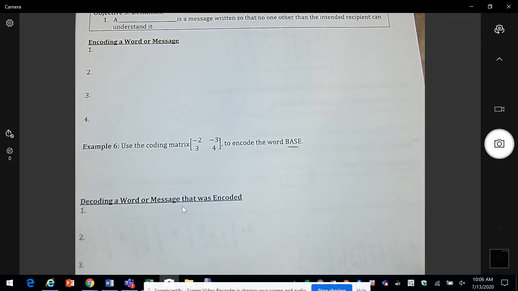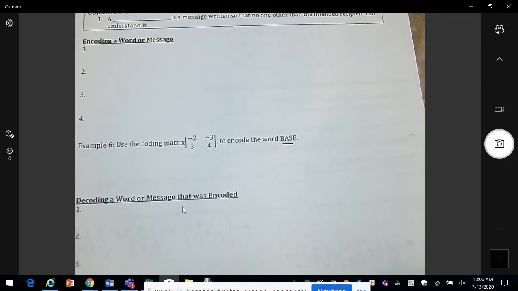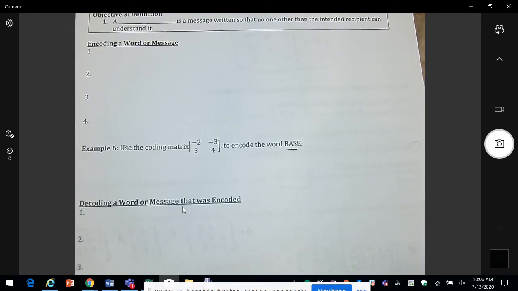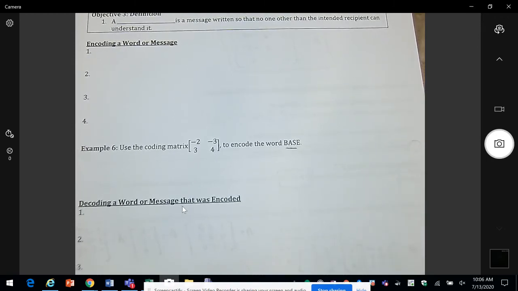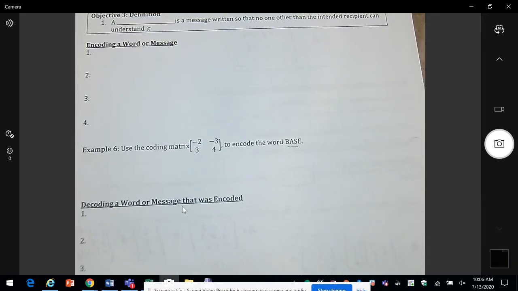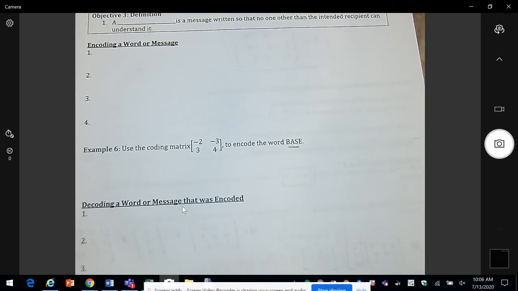So a long time ago, in one of the wars that people would use matrices to encode messages. Then that quickly got discovered by other places, so they changed their way of communicating. But encoding a message is a way to communicate with others without people knowing what you're writing.